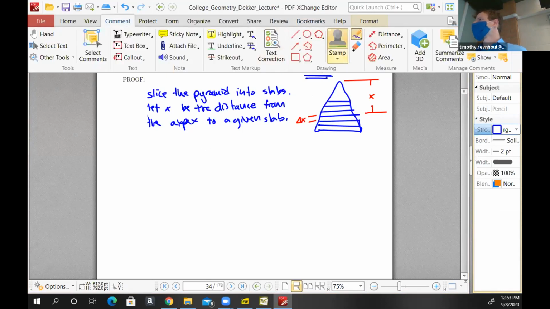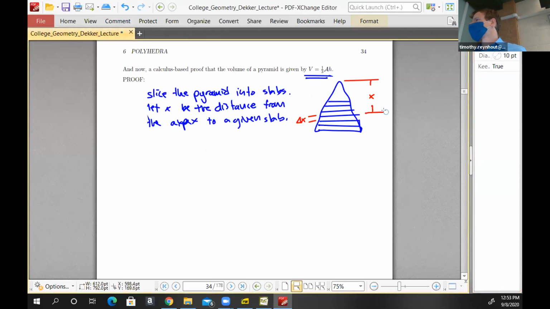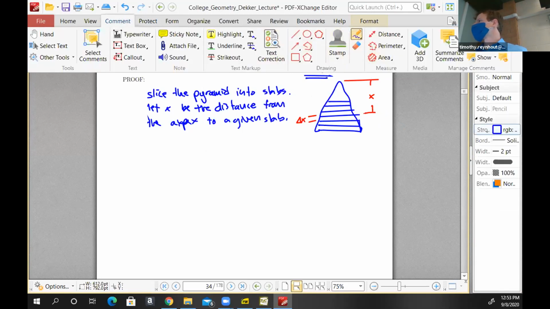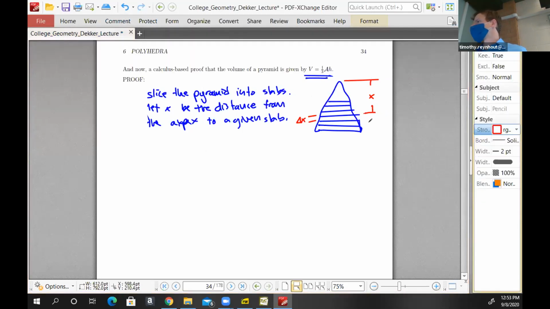Let me erase this here and go back to red for a moment. If the overall height is h, we can find a way of expressing the volume of these slabs.